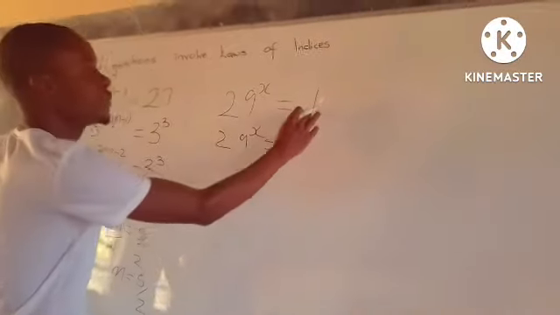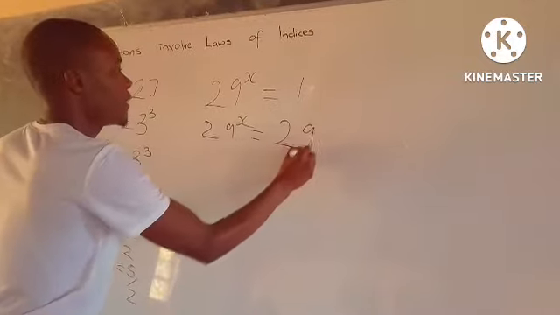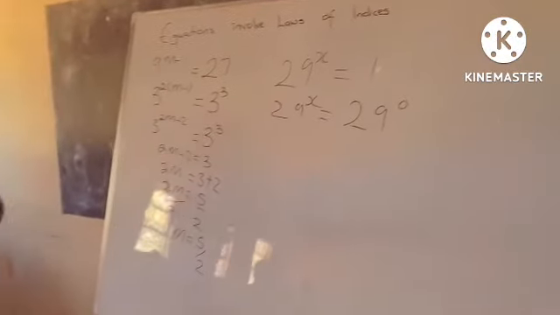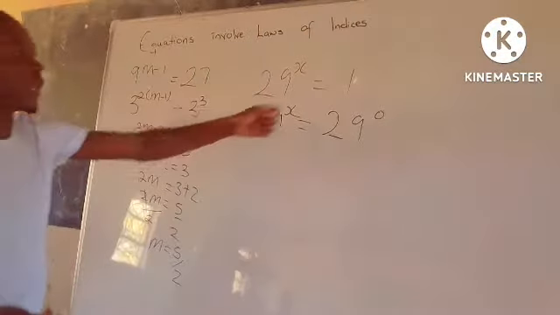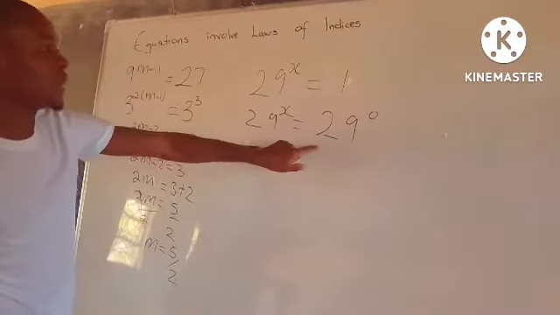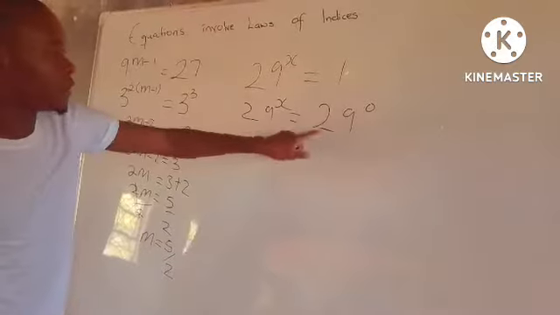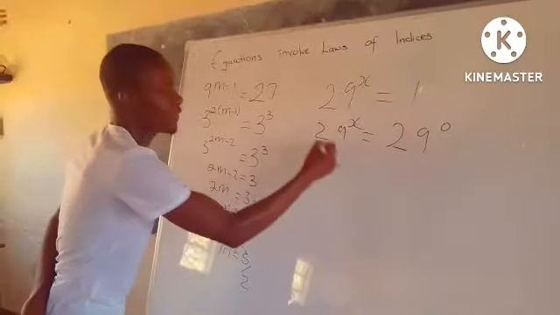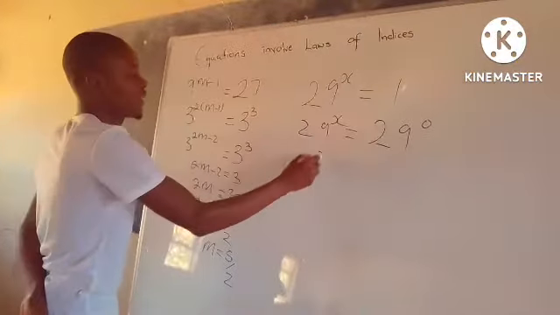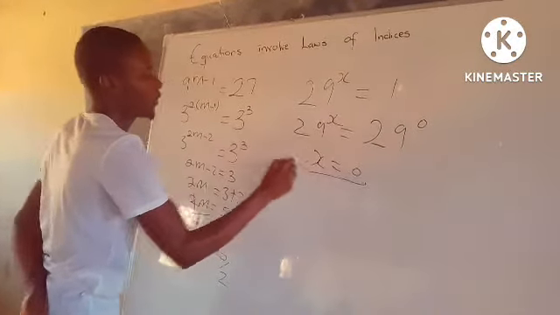So we are going to substitute 1 by 29 to the power of 0, so that we have got the same base. We change 1 to base 29. So if we change, we get 29 to the power of 0. So if here we have got the same base, we are just taking the powers. So our x is equal to 0.